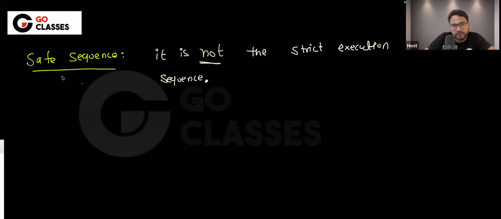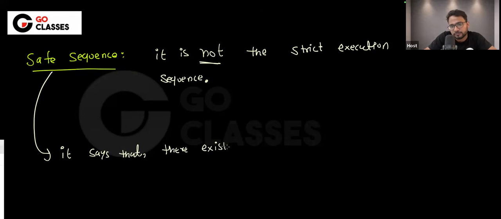So safe sequence is basically saying that there exists one sequence in which you can execute and finish without deadlock.